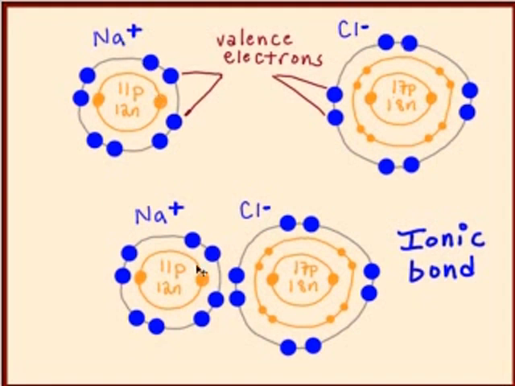Because they have differences in charges, these ions are attracted to one another and bond together, and they make this salt here. Such a bond, in which ions are attracted to one another, or particles of different charges are bonded to one another, is called an ionic bond. And that's it for this slide.